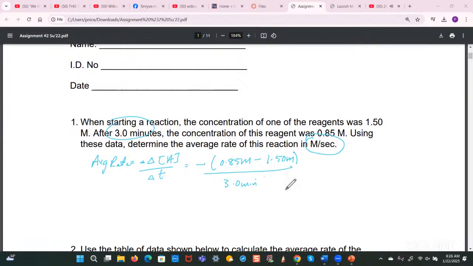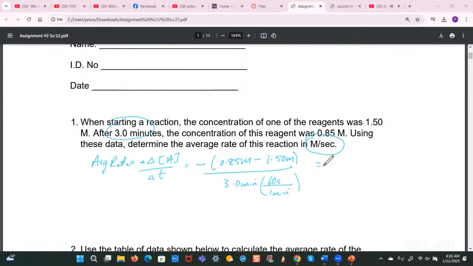We have to convert this to seconds. And we do that by 60 seconds over 1 minute multiplied by the 3.0 minutes. And then we work that out. Please do the calculation along with me because I'm subject to error.